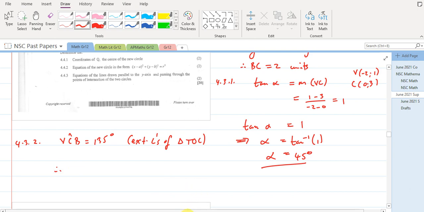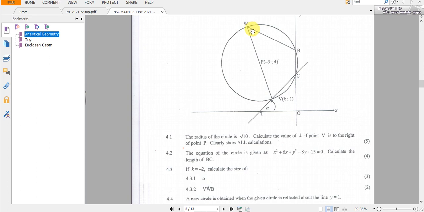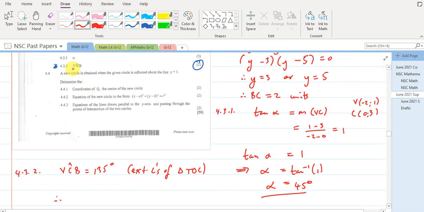Therefore, what is angle W there? What is angle W over here? This angle W is opposite angles of cyclic quad, because they're telling us VWBC is a cyclic quadrilateral. So opposite angles are supplementary. So angle W, what did they want? Let's see, VWB. VWB is equal to 180 minus 135, which should give us 45 degrees.